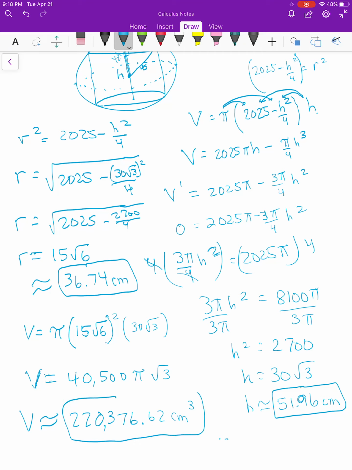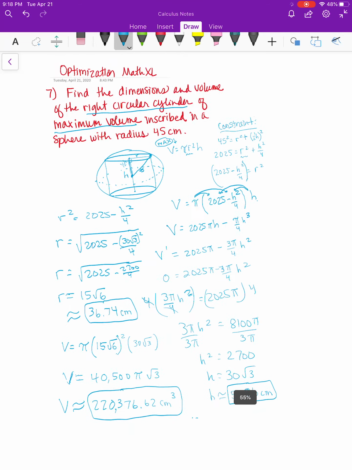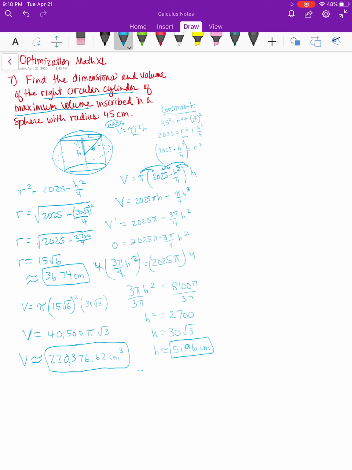And then it was asking for the answer rounded to the nearest hundredth. And so the volume rounded to the nearest hundredth is 220,376.62 cubic centimeters.